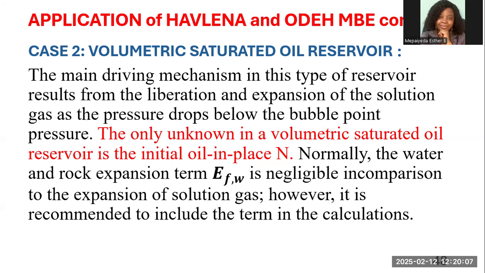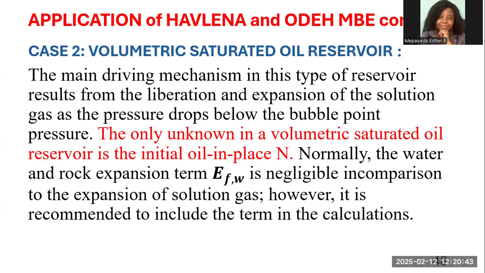So you have evolution of gas from your oil system within your reservoir. Okay. So what are the main driving mechanisms of this type of reservoir where you already have liberation and expansion of the solution gas as pressure drops below the bubble point? So the only unknown in a volumetric saturated reservoir is the initial oil in place, that's N. And for here, EFW, though, is negligible in comparison to the solution gas because you already have gas now.